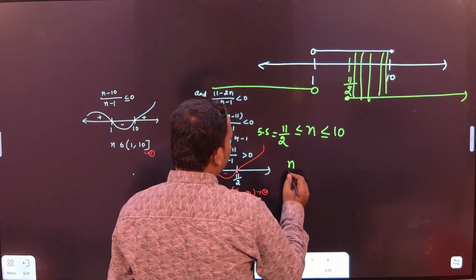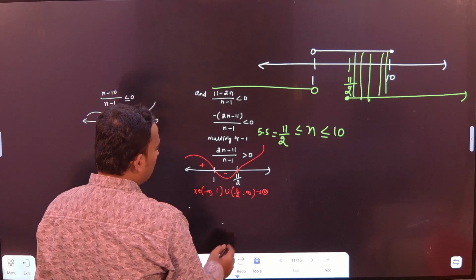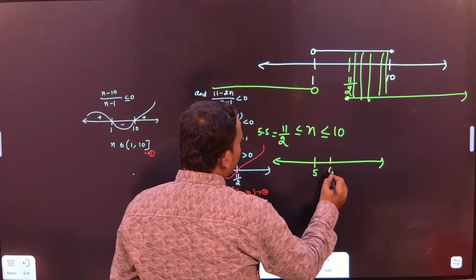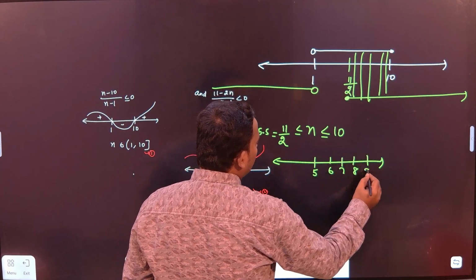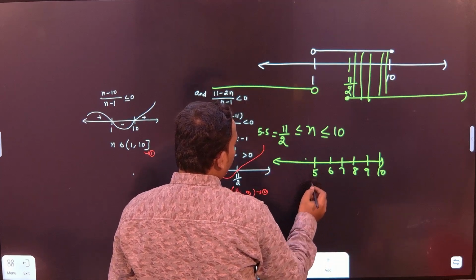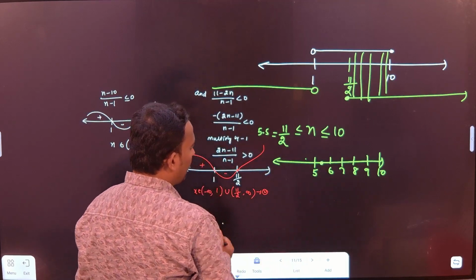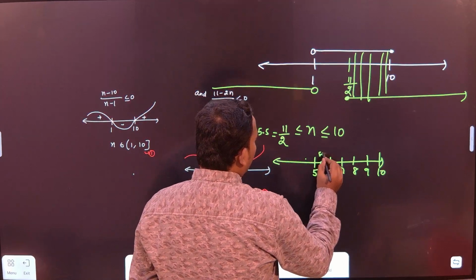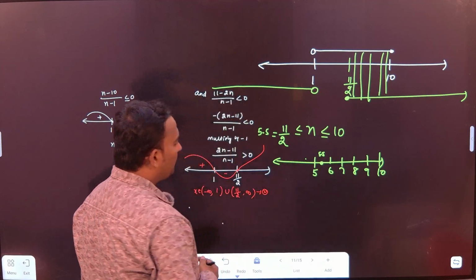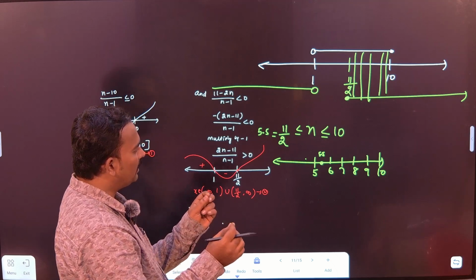So what are the integers? When you take the integer values, here is 5, 6, 7, 8, 9, 10. Here is 5.5, which is 11 by 2. We need more than that, so 5 you cannot take, right? So more than 5.5 and less than or equal to 10.